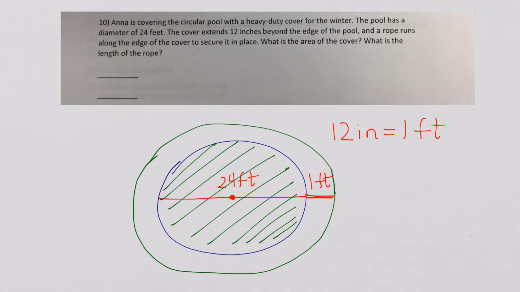I also want you to note that if we extend the line from the left-hand side, this on the left right here, this distance is also 1 foot. So now we have a long line, okay, that includes the diameter of the pool, which is 24 feet, and 1 foot on each side for the cover.